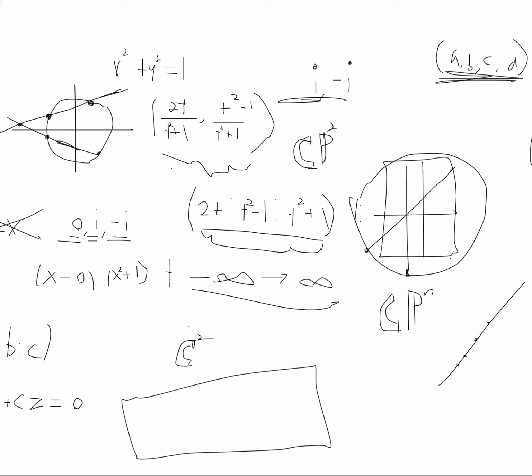I'll probably talk about it next video. Additionally, when we have a moving point A to B to C, it should have the same degree as the moving line ax plus by plus cz equals 0. So that's the main idea. Ax plus by plus cz corresponds to the triple A to B to C, since we have that correspondence.